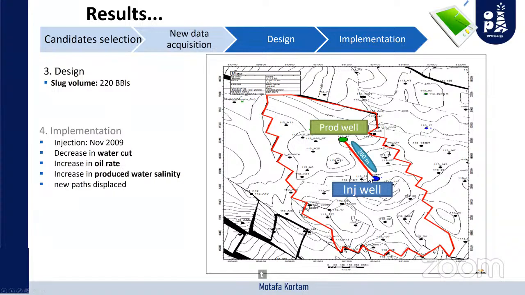Once it moves within the reservoir toward the producer, the temperature goes higher. At a particular temperature, it starts to consolidate and increases the viscosity 1,000 times. So it clogs the middle point between the injector and the producer well. So you are able to divert the injection laterally and vertically, and at that moment you are able to enhance the sweep efficiency towards the producer well.